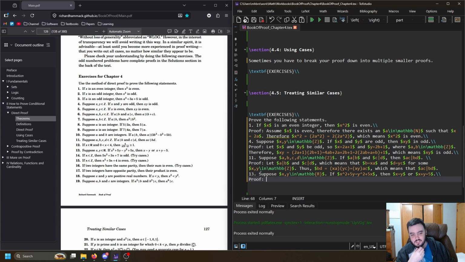We haven't gotten contradiction yet. I might use contradiction or something, but I mean, we know how this is going to start. Let x squared plus 5y equal y squared plus 5x.